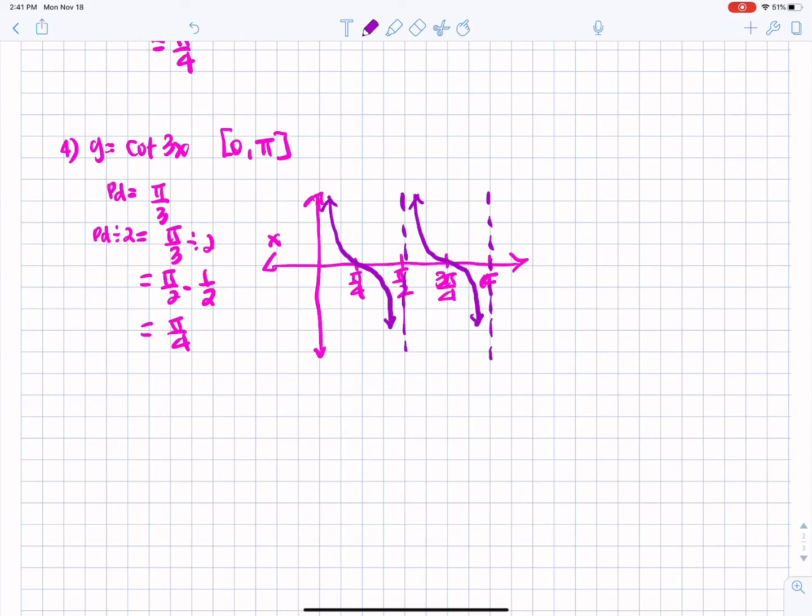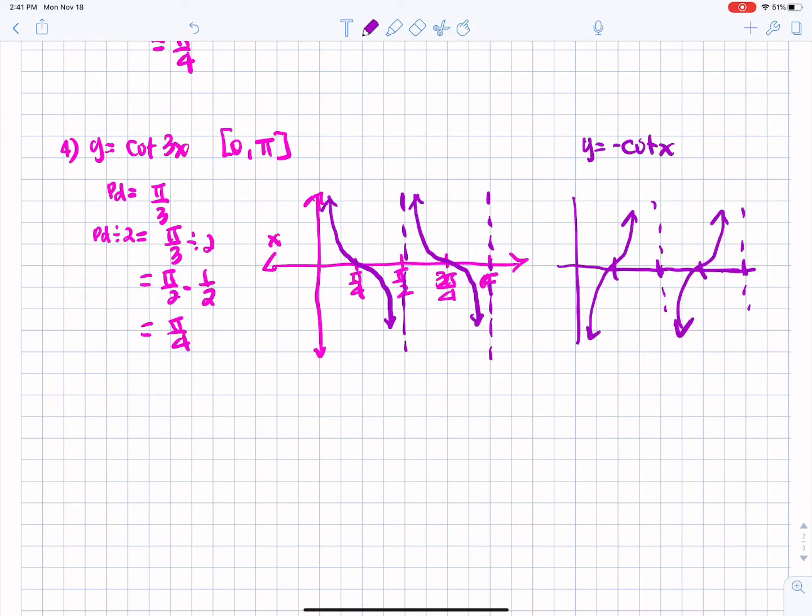Now, hypothetical. What if you were given negative cotangent x? So how would the graph look? So let's say these are my asymptotes on the second and on the fourth. So negative cotangent would be the opposite of positive cotangent. It'll be down, up. So it'll look like tangent.